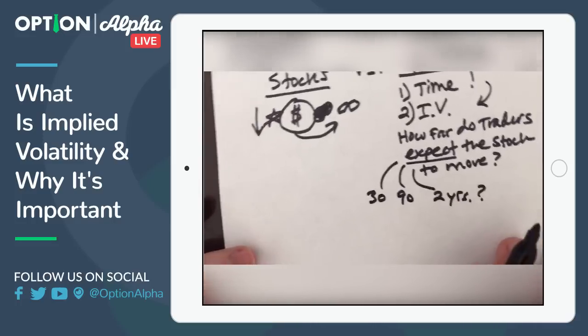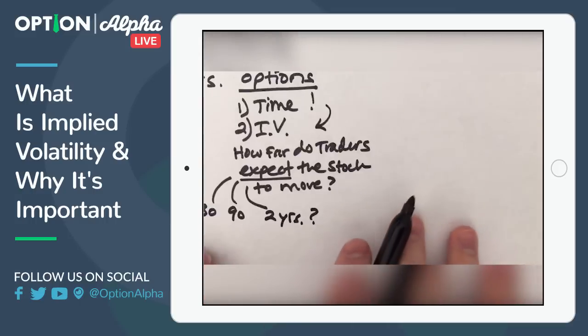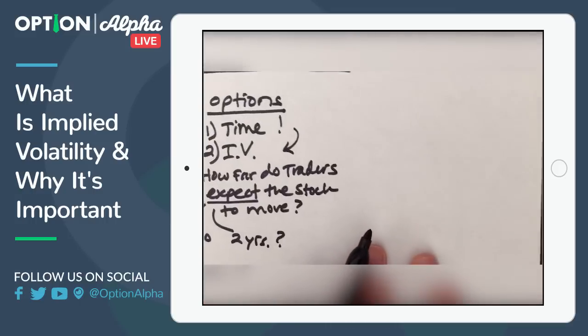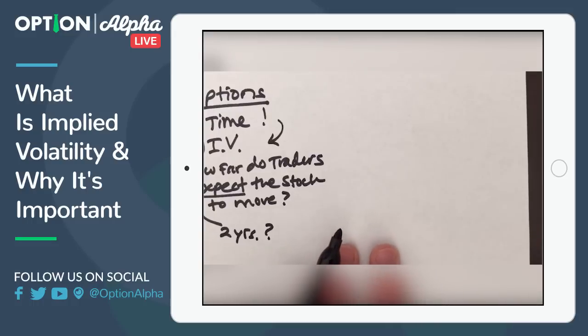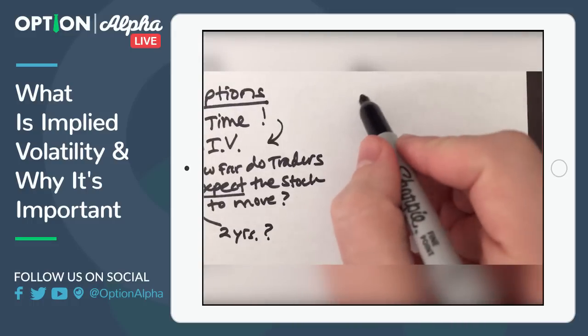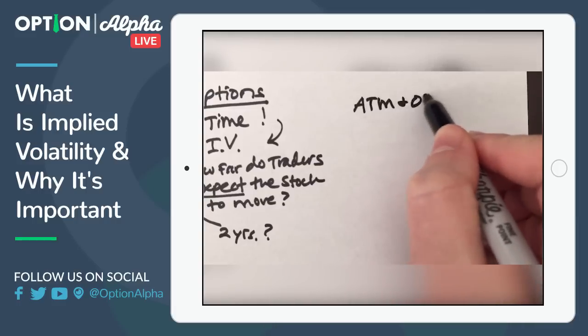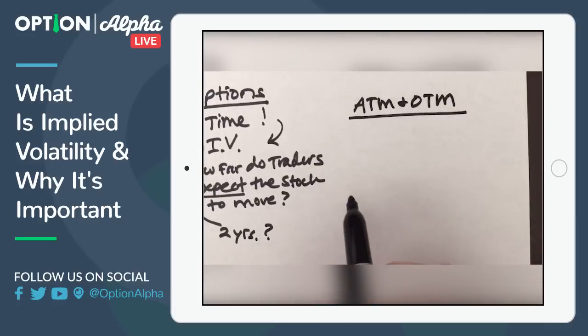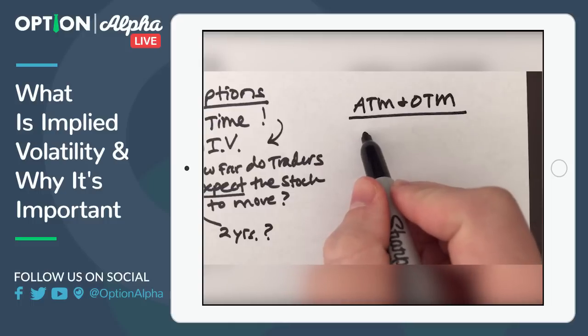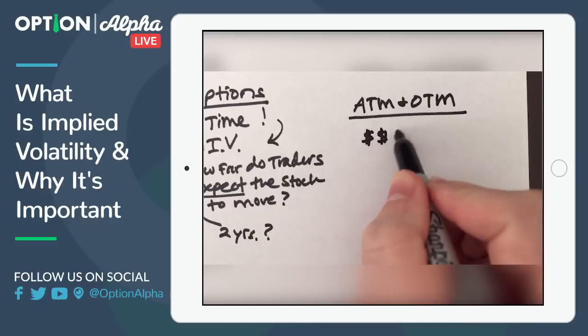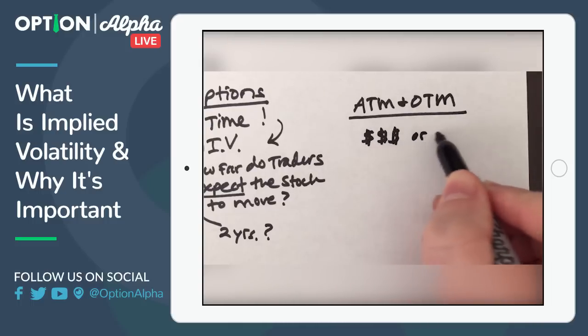In very simple terms, to figure out this implied volatility, you generally want to look at the at-the-money and slightly out-of-the-money options. That's how we determine it, and it's based on how aggressively people are buying those options or not.